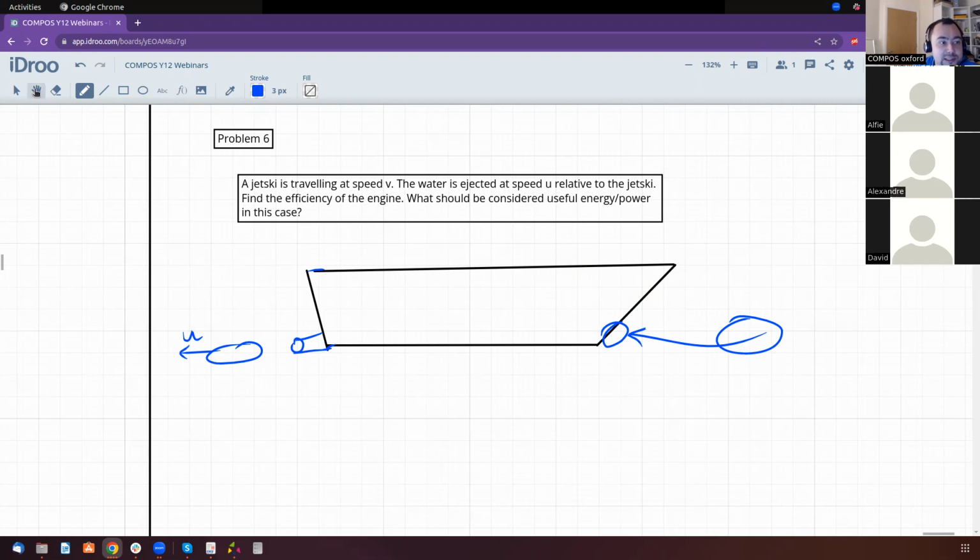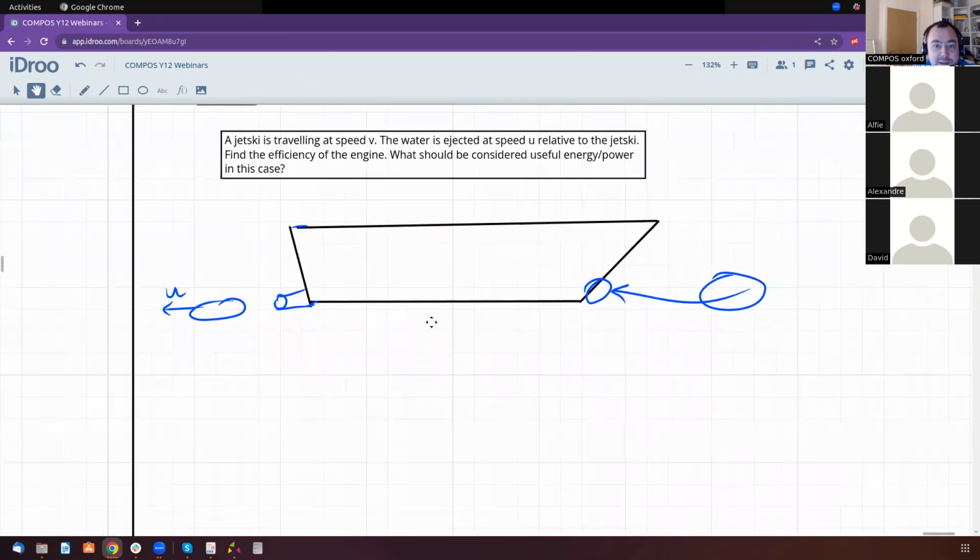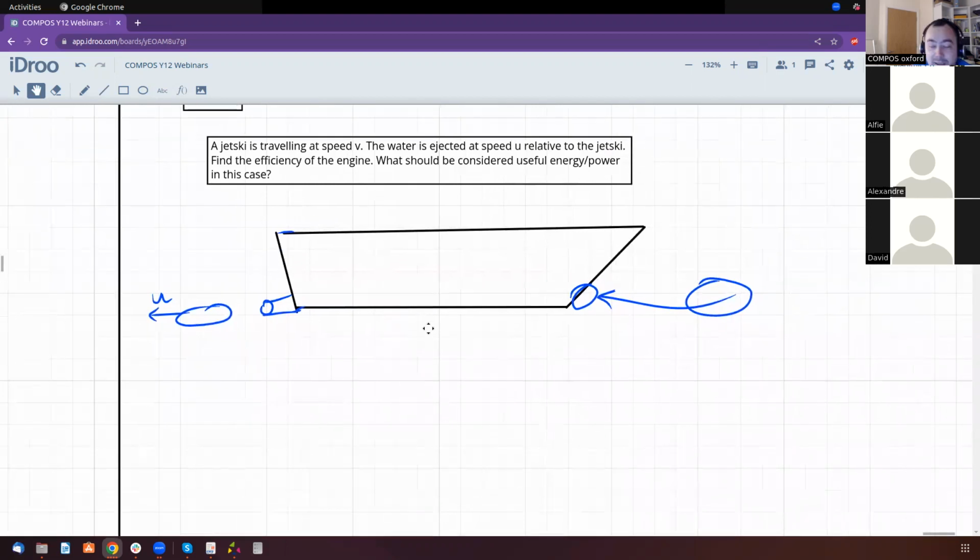Speed relative to the jet ski. Find the efficiency of that, which considers useful energy power in this case. Well, the useful power would be force times the velocity of the boat.